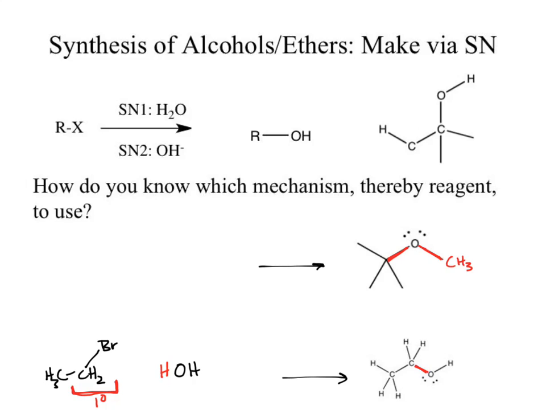It needs to be strong, which means I need to add OH minus. Would I get an elimination? Not very likely, because under the E2 conditions, which is what this would push, E2 favors substituted alkyl halides. This isn't a substituted alkyl halide, it's primary. Okay? So this would almost give us perfect yield.